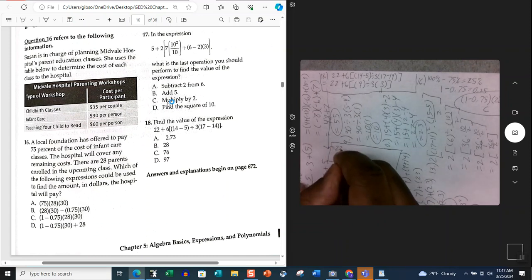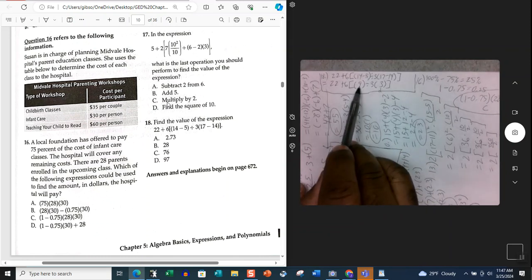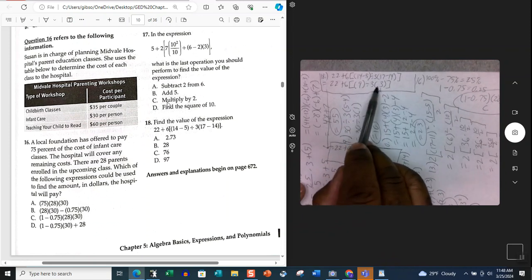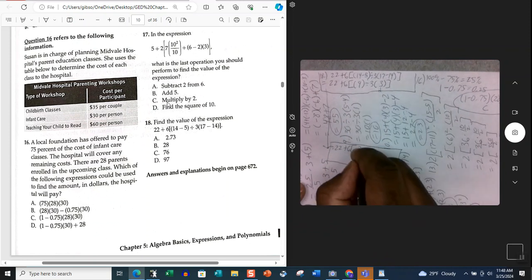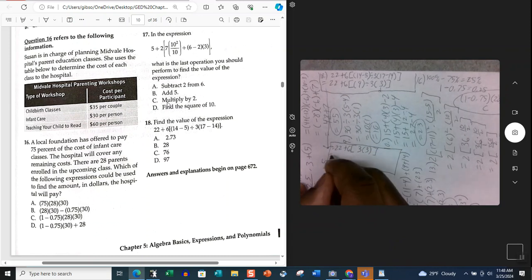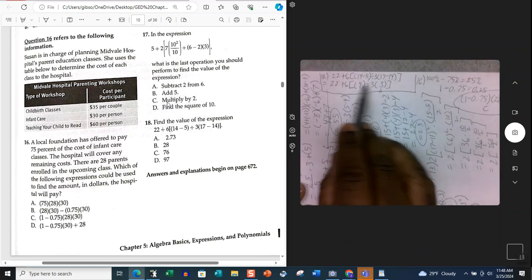So we had 22 plus 6, bracket. This would be 9 divided by 3, because we had division and multiplication, which is 3. And we bring down the parenthesis 3. So now 3 times 3 is 9. Now we're done with this bracket.